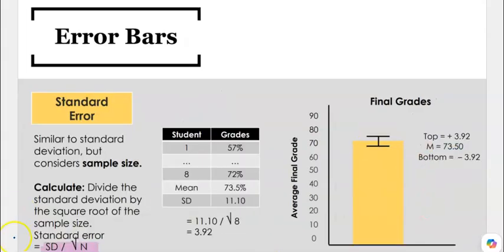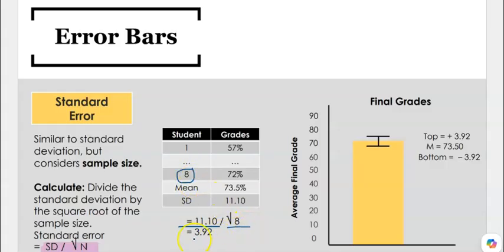Another way for the error bar is to divide the standard deviation by the root n, where n is the total number of participants. Your standard deviation is 11.10, and there were 8 people.